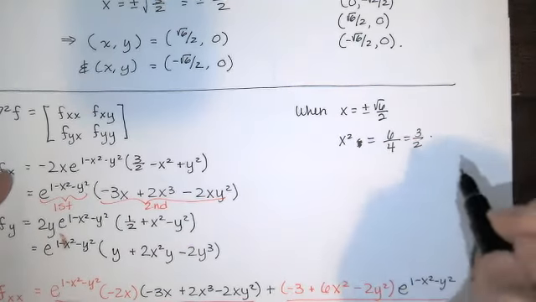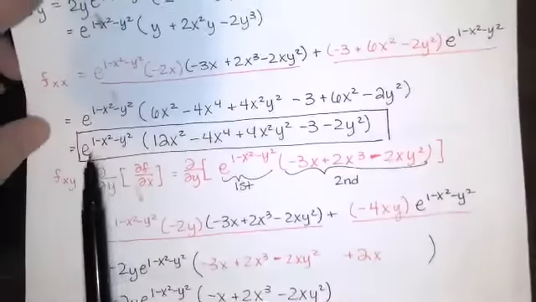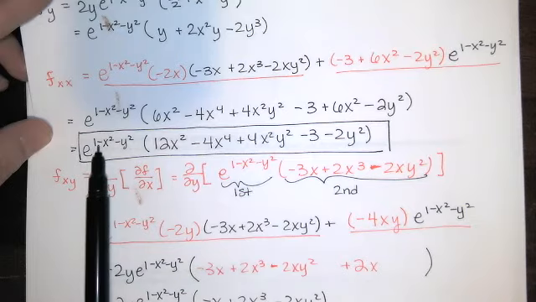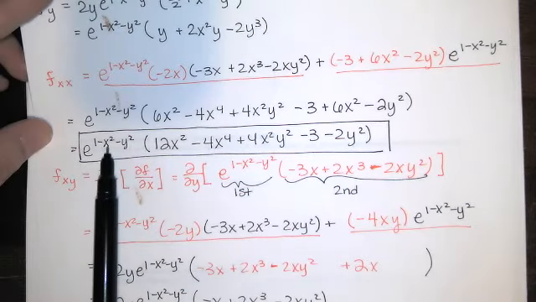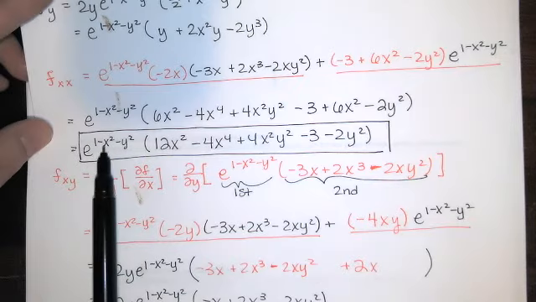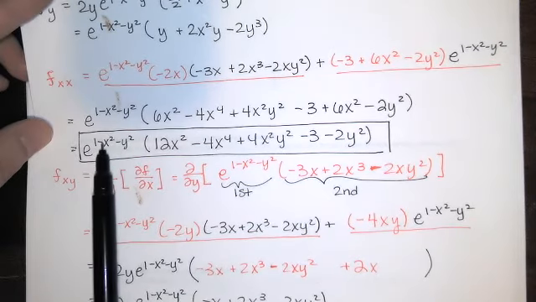So keep that in mind. X squared is 3 over 2. All right, so here I've got e to the 1 minus 3/2, and you know that that's 1 1/2, right? Y is 0. 1 minus 1 1/2 is negative 1/2, so this is e to the negative 1/2.